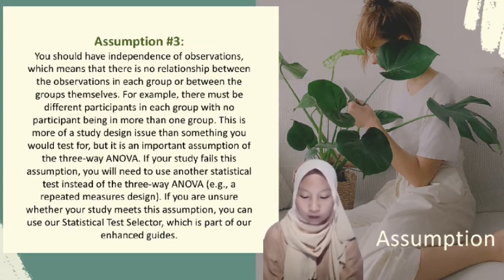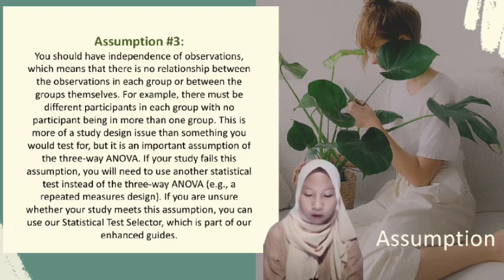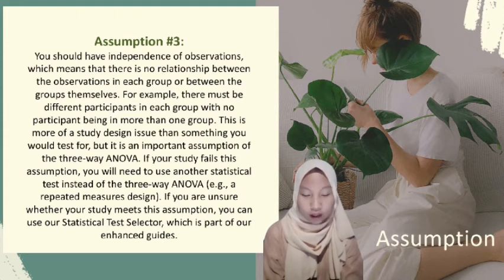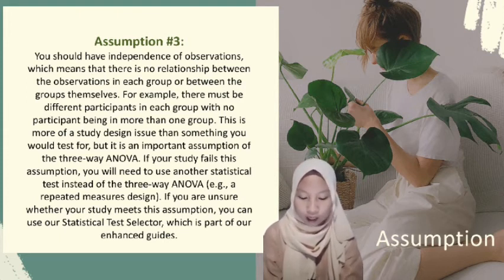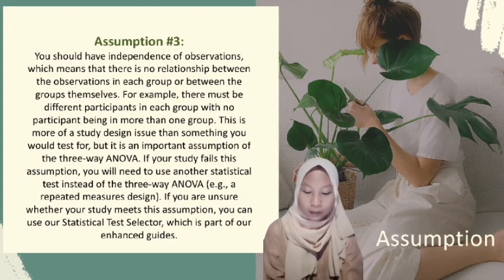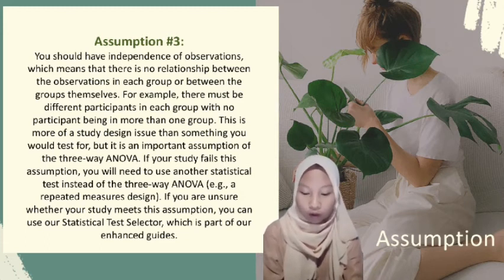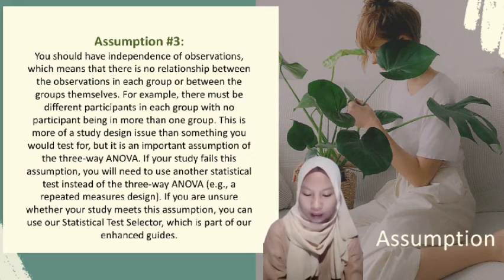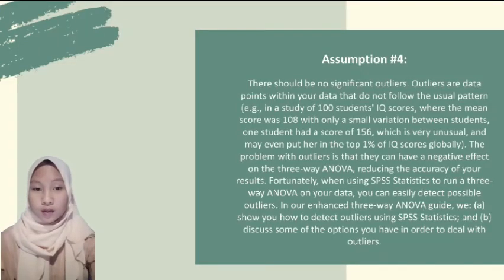This is more of a study design issue than something you will test for, but it is an important assumption of the three-way ANOVA. If your study fails this assumption, you will need to use another statistical test instead of the three-way ANOVA, such as a repeated measures design. If you are unsure whether your study meets this assumption, you can use our statistical test selector, which is part of our enhanced guides.